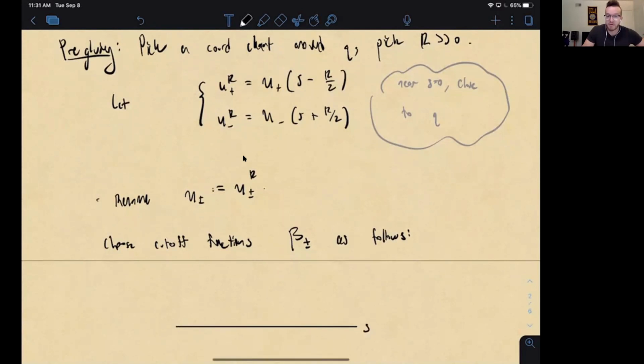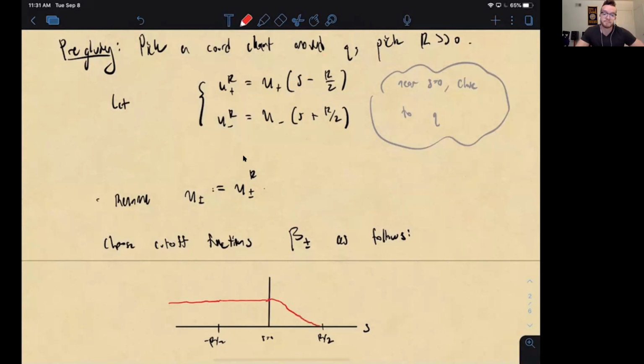Here's S equals R over 2. And here's negative R over 2. So beta minus is going to look like this. Nope, sorry. It's going to be 1 for all negative numbers, and then it'll decay to 0, like that. And then you can probably guess what beta plus is going to look like.